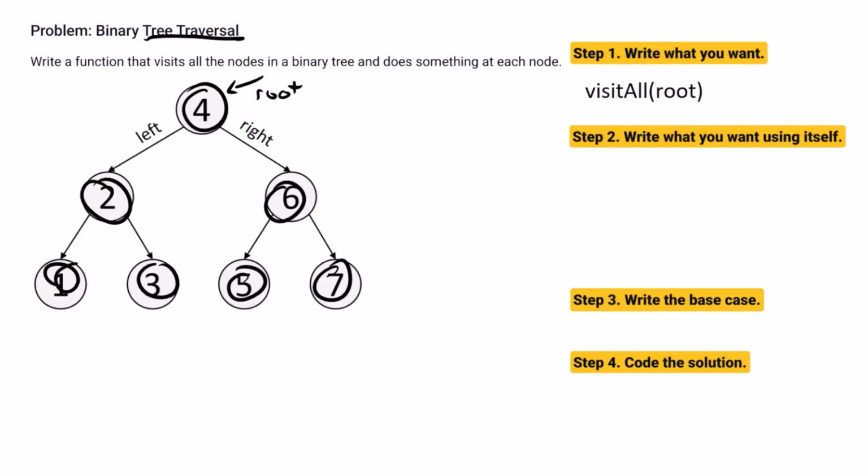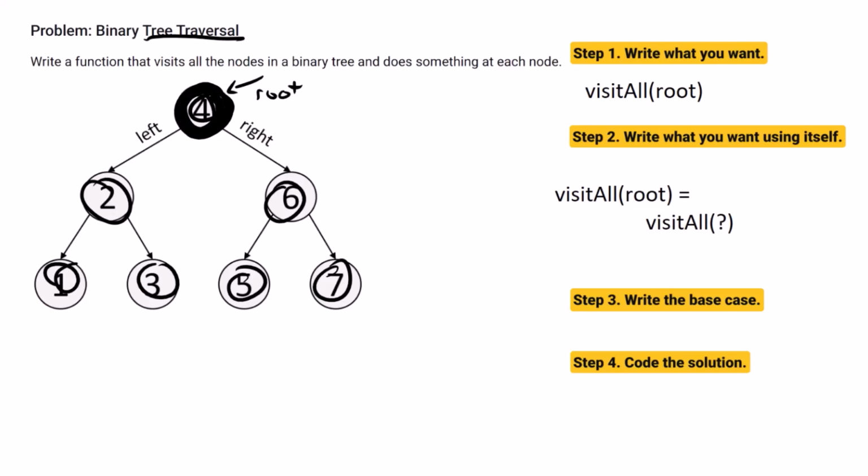All that means is we want visit all to show up on both sides of an equation. If we can get visit all on the left side of an equation, and also on the right side of an equation somehow, then we have a recursion and we can pretty much immediately code up the solution. Visit all is supposed to do something on every node in the tree.